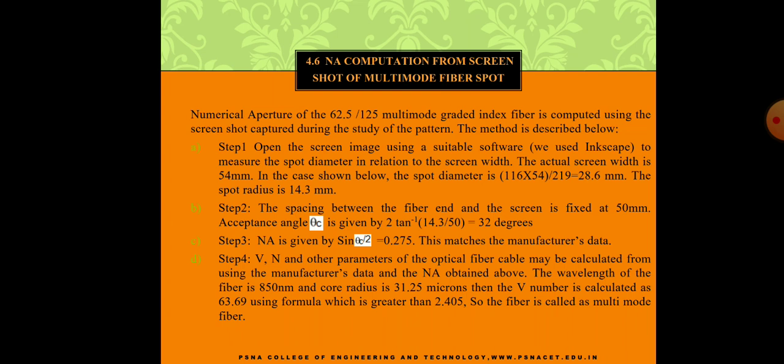Now we are going to calculate the V number, the number of modes guided, and other parameters of the optical fiber cable, which may be calculated using the manufacturer's data and the numerical aperture obtained above. In the manufacturer's data, it is obtained by sin theta c, not sin theta c divided by 2.